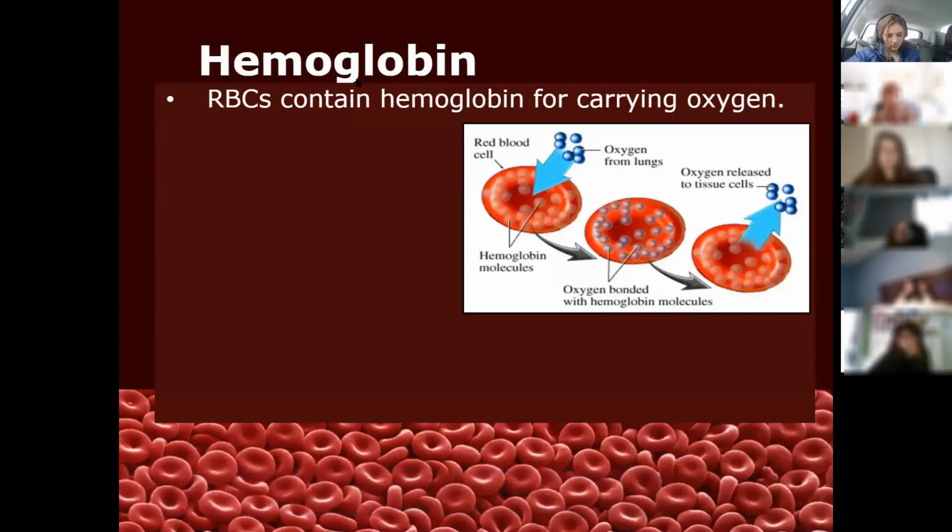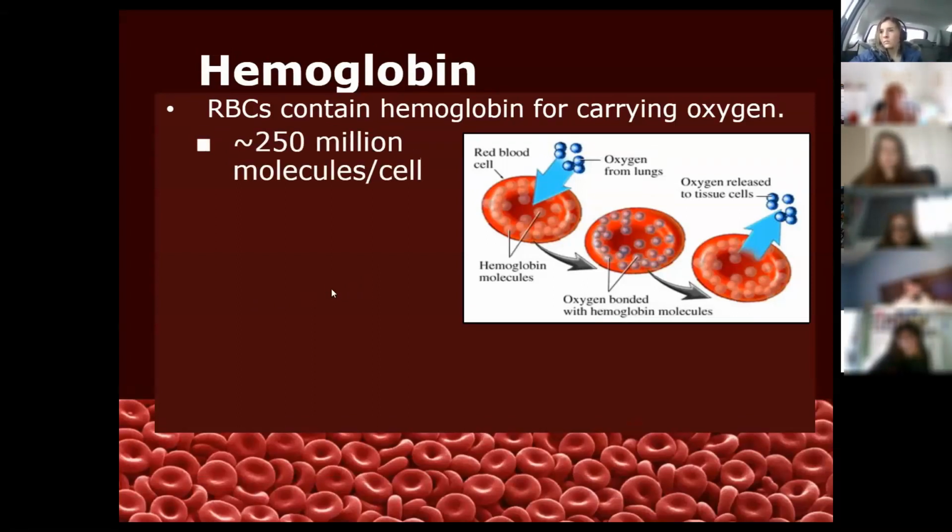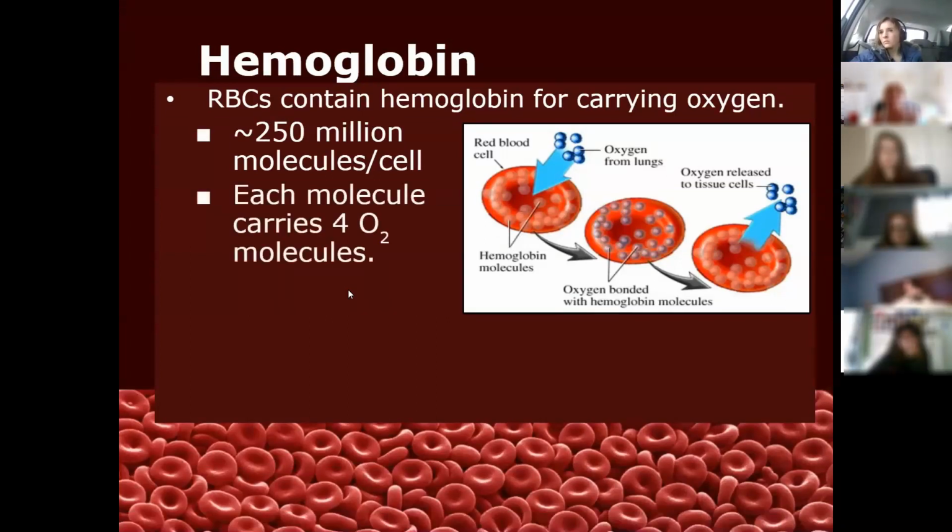So we want to know about hemoglobin. Heme means blood. Globin is referring to the fact that it's a globular protein. It's a clump, a cluster. So you have about 250 million molecules per cell. Now the number is important because that tells how much oxygen your cells can carry. Each one of those can carry 4 oxygen molecules.